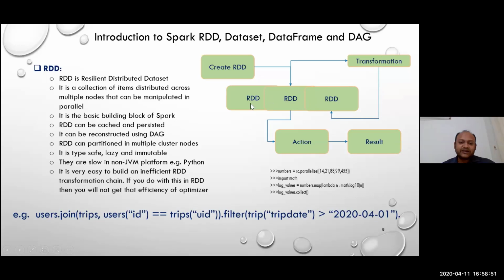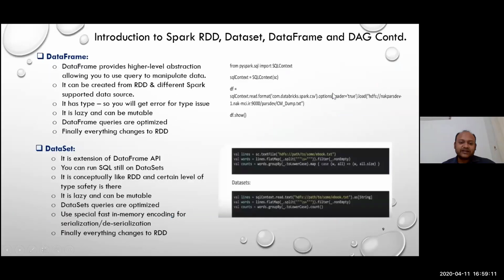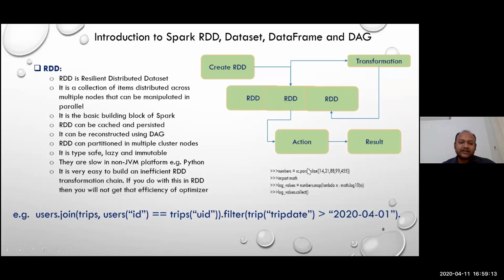If we do a transformation, we need to create one more RDD, and if we want to do some actions, take some output, then we need to ask the system, and then the overall process will start. Before that, it's just tracking, it's not doing anything, that's why it's lazy. Then we can see the actual result either on our screen or in a file, or it can give output to a persistent storage as well.